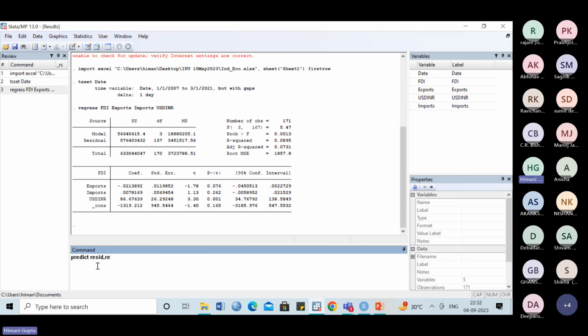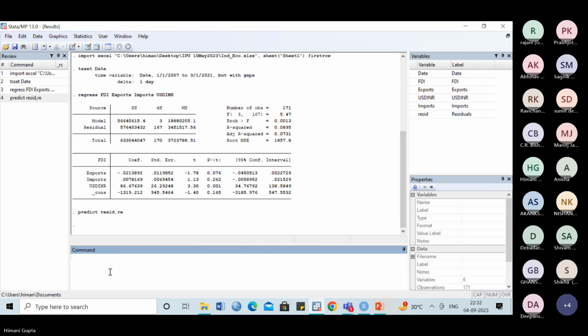Now, just understand this command. I am giving instructions to Stata to predict the residuals. RE means residuals, and the abbreviation that I have given to residuals is resid. Now you will observe over here my residuals. The label is residuals and variable name resid is created.